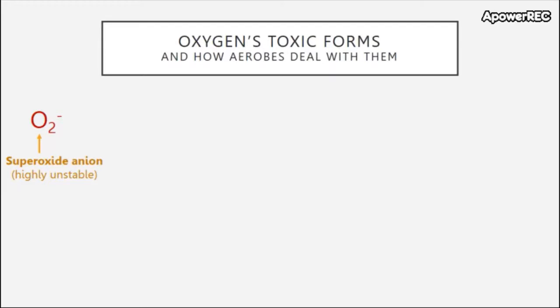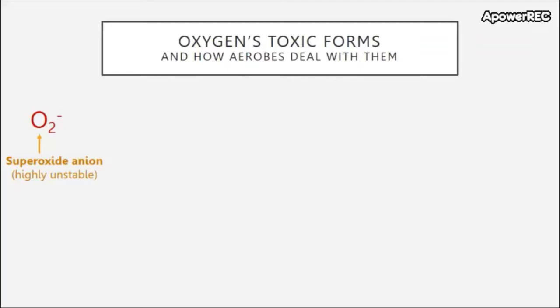So oxygen can have a variety of toxic forms. The reason why they're toxic is because they're very unstable. Sorry about that. So as I was saying, oxygen comes in many different toxic forms.